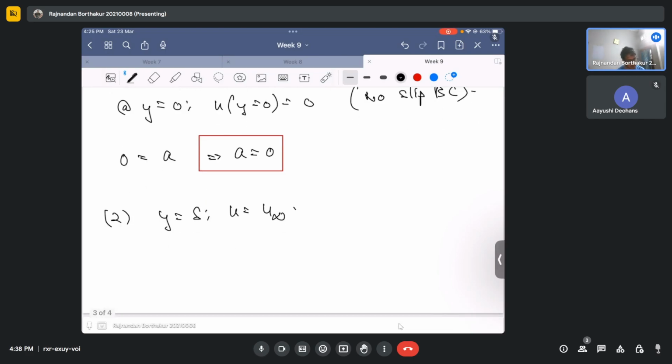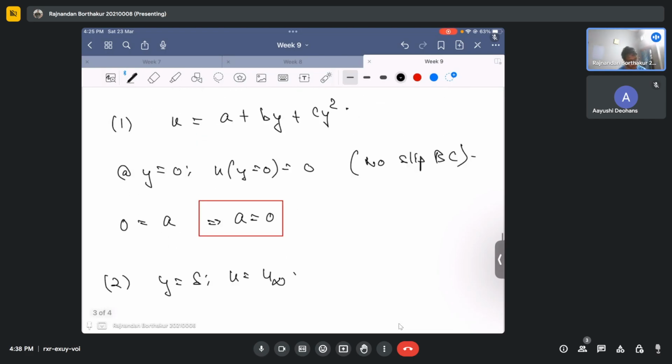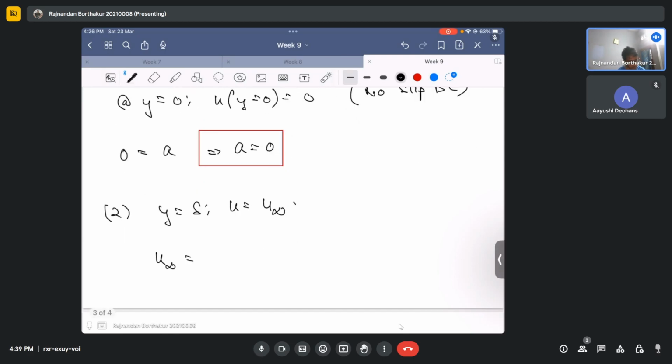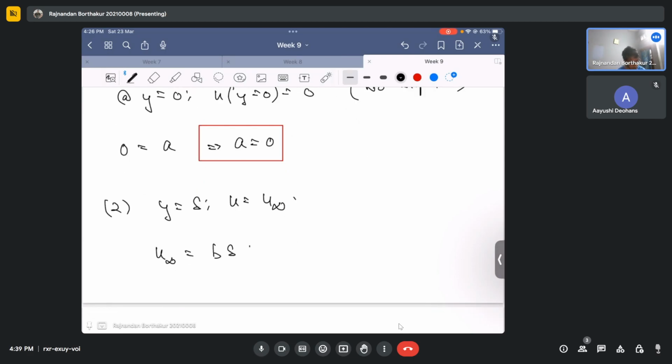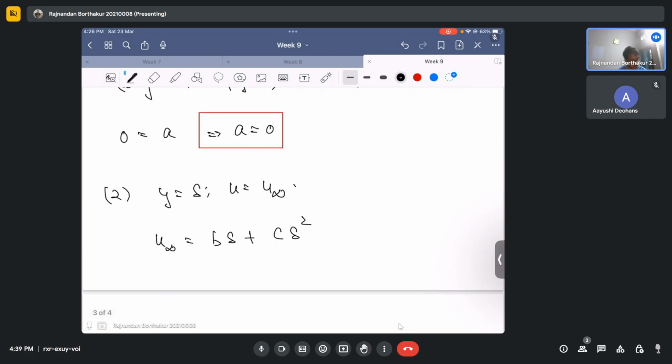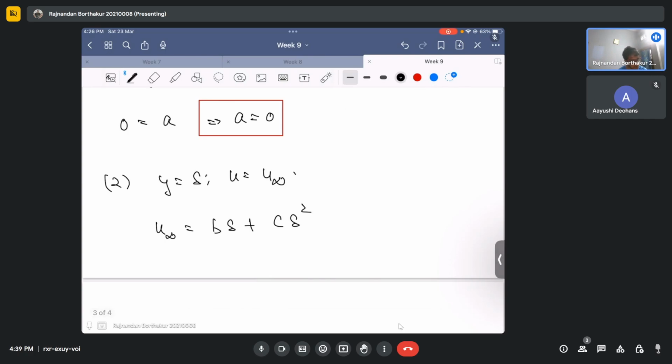If we apply this, we get u infinity is nothing but b delta plus c delta squared. But we need to evaluate one more boundary condition. The third boundary condition says that del u by del y is 0 at y equal to delta.